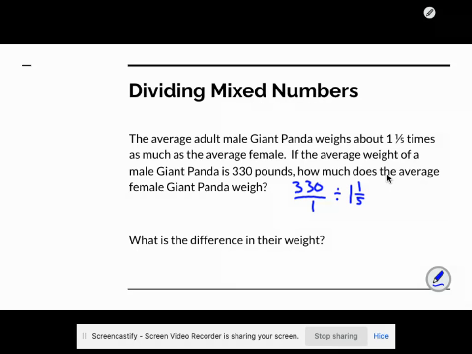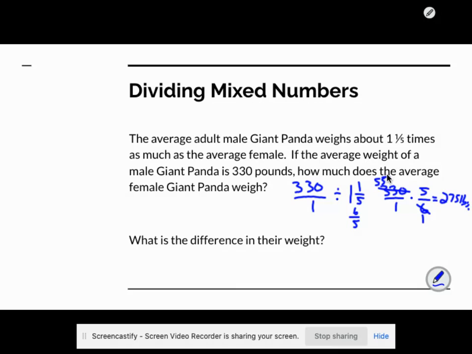So my problem is going to be 330 over 1 times 6 over 5, so I'm going to times by 5/6. 6 goes into 330 55 times. And then when I multiply across, I end up getting 275 pounds.